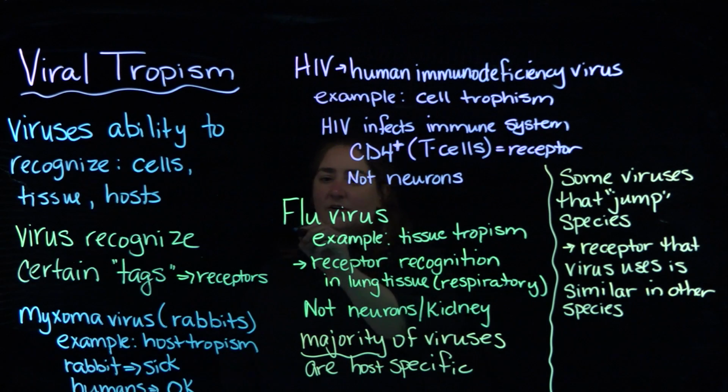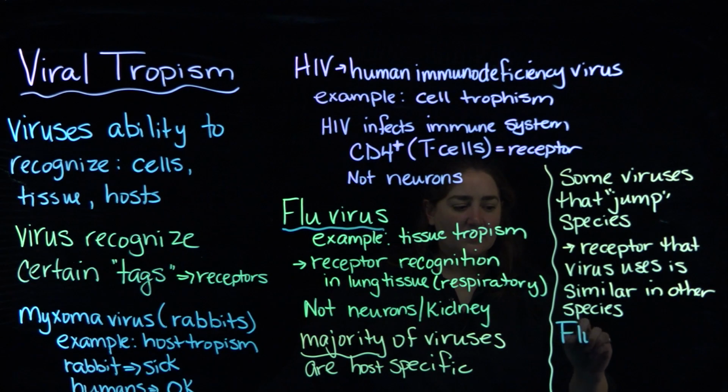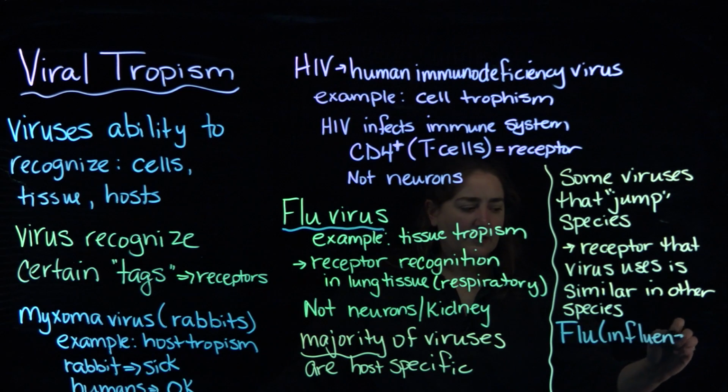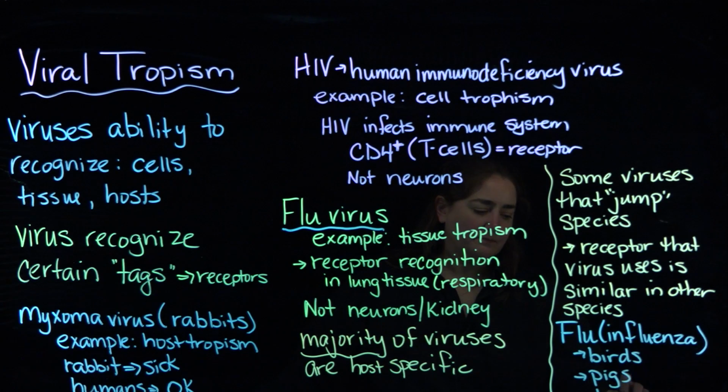And I'm going to use a virus that we've already talked about, the flu virus, because the flu or the influenza virus can also be present in birds and pigs, in addition to us. So if you've ever heard of cases of the bird flu coming out or swine flu, because when we talk about swine flu, we're talking about pigs.